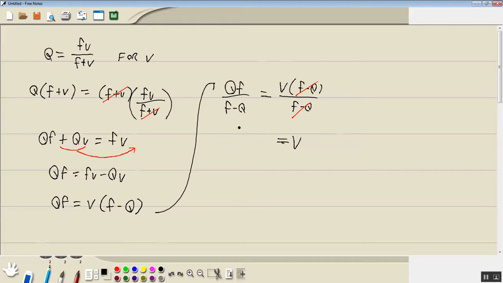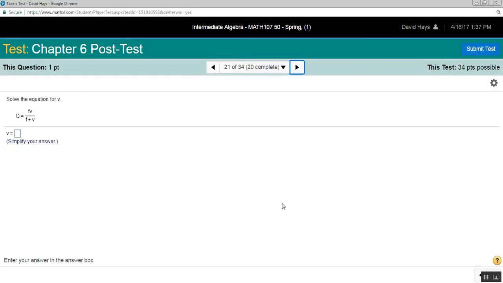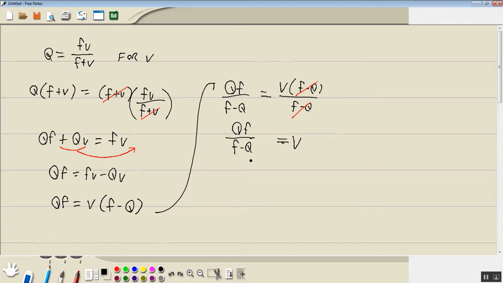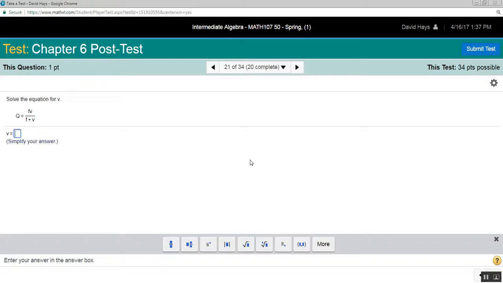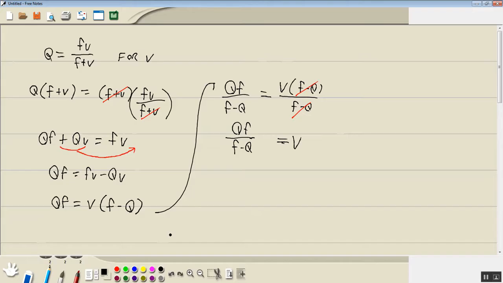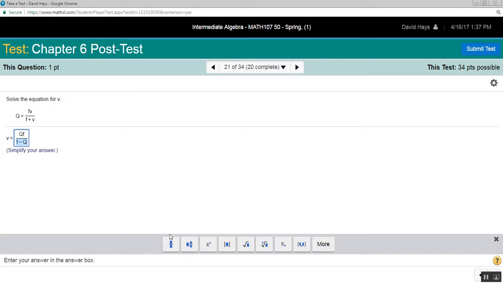And we got V is equal to QF over F minus Q. So simplify your answer. What does that mean? It's simplified as much as it can be. QF over F minus Q.